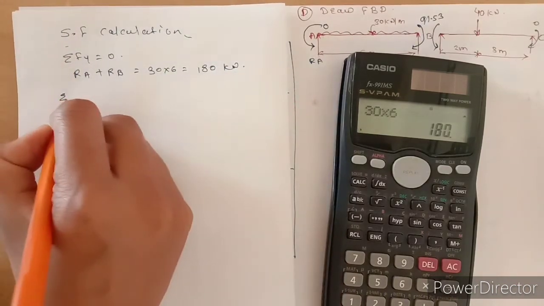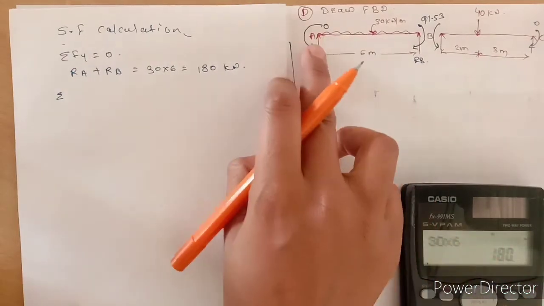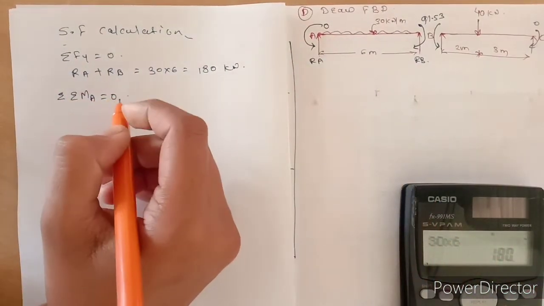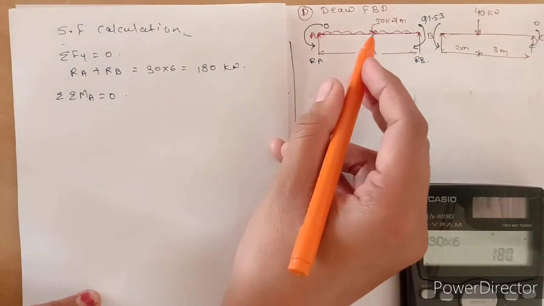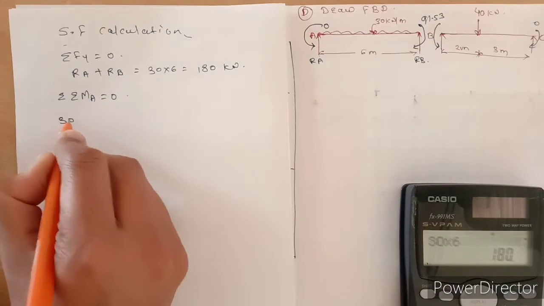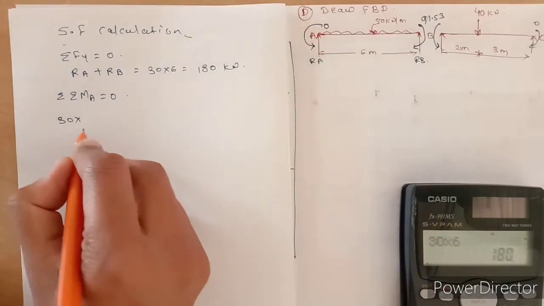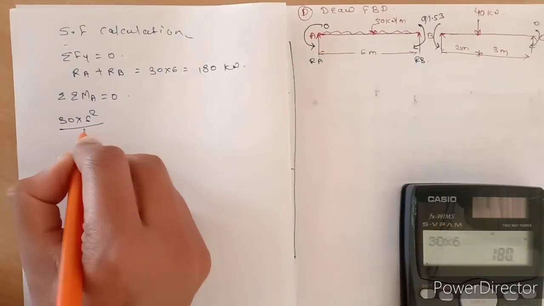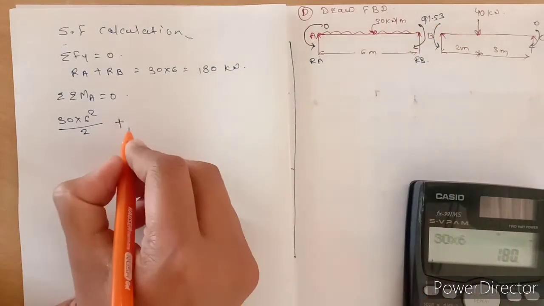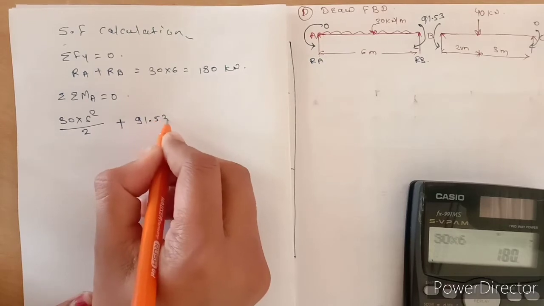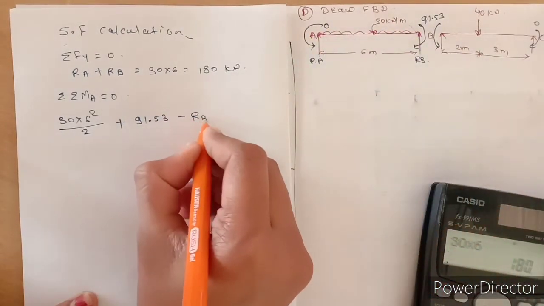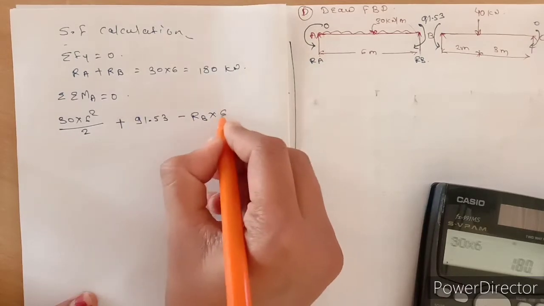Then next take moment at point A is equal to 0. So here, taking moment at point A: 30 multiplied by 6 square divided by 2, plus this moment 91.53, minus RB into total distance, that is 6 meter.